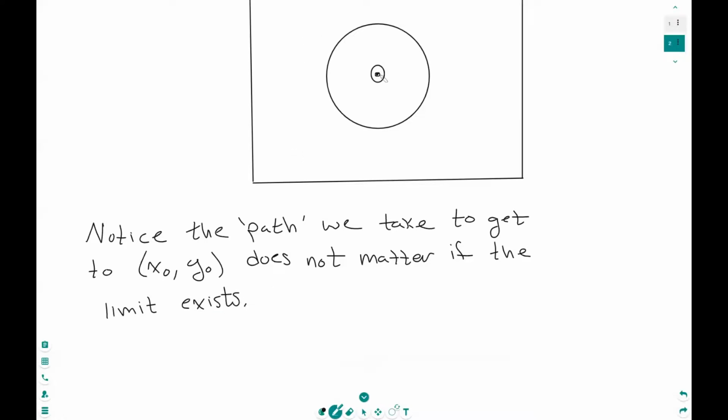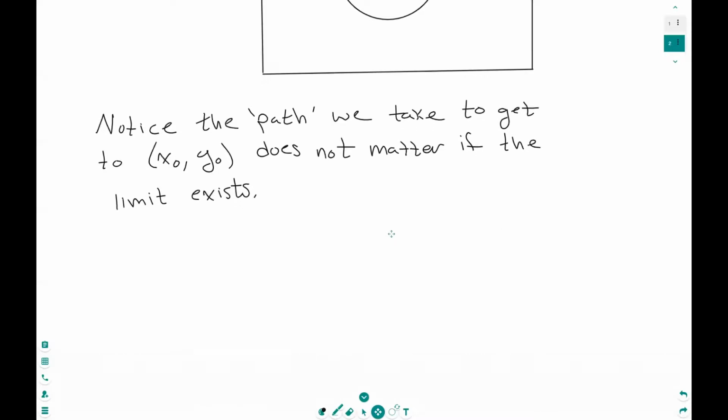So regardless, if this limit does exist, regardless of my path to this point, I should still get the same thing. So no matter if I go in a straight line towards it, or maybe I come like a parabola into it, or maybe I just do a bunch of squiggles and I finally get there, regardless of the path I take, I should get the same value as I travel along that path.